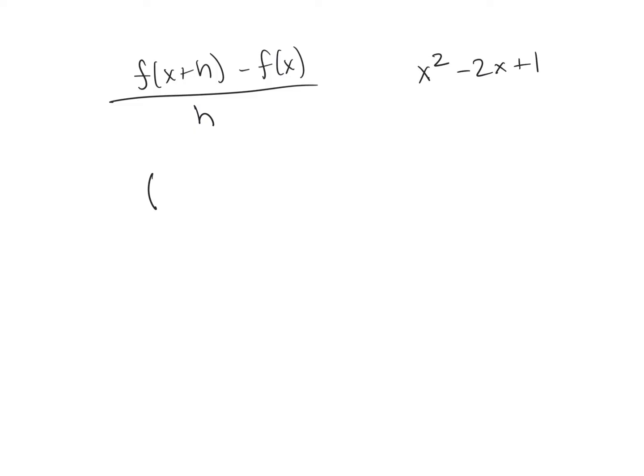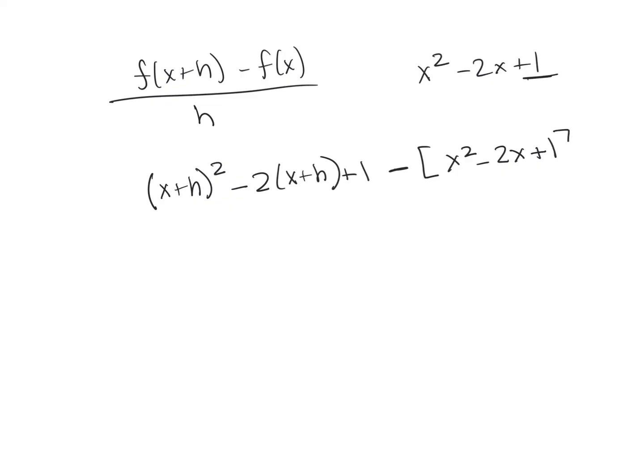So we would put the x plus h in every place I see an x. There's no x here, so I just leave +1. Then minus the whole thing untouched, because it's just f of x, and that whole thing over h.